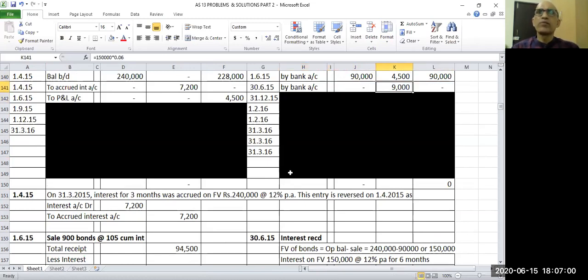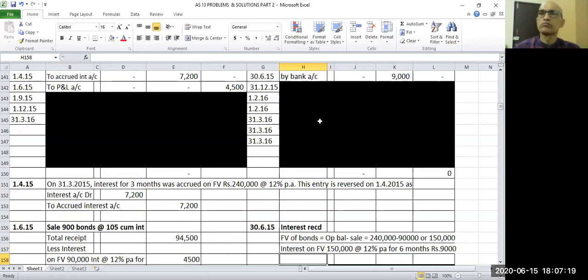So on this day, on 1,50,000, you will receive 12% interest for a period of 6 months, which comes to 9,000 rupees. So this interest is 9,000. I'll just add it here. So I have accounted for interest by passing the entry bank account debit to interest account 9,000 rupees.